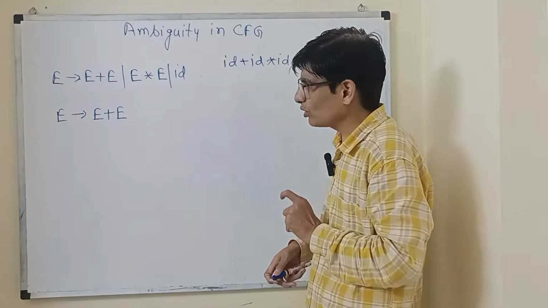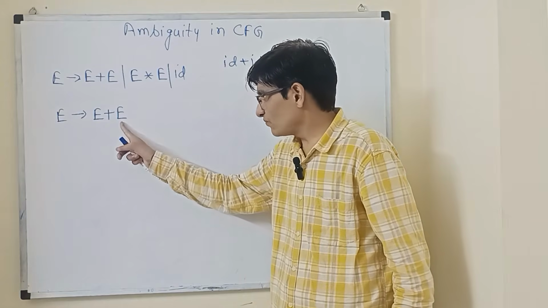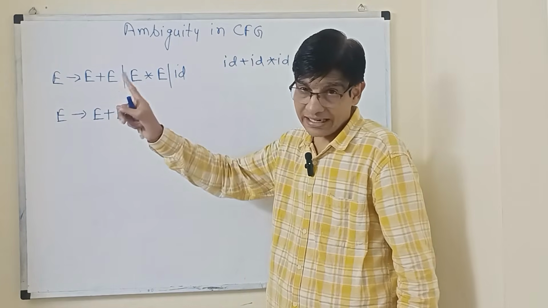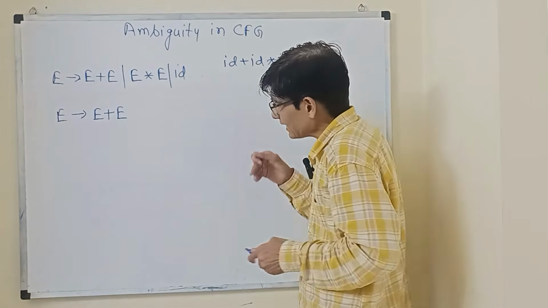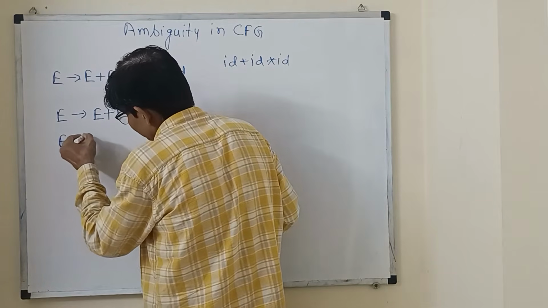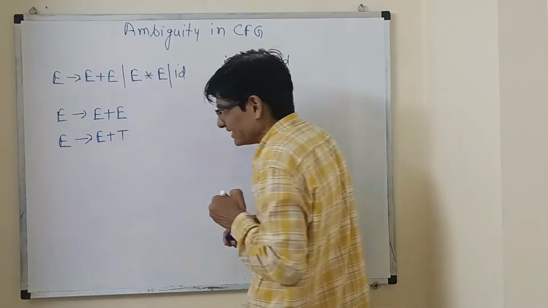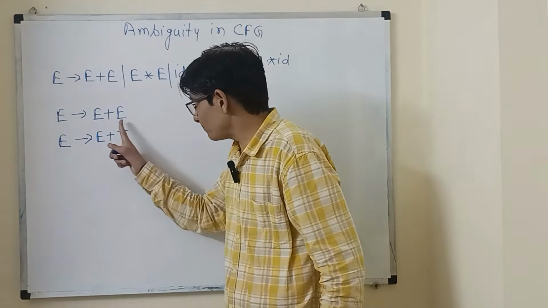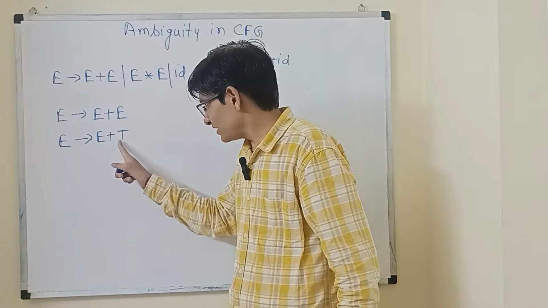We will add one more variable in this grammar and replace one occurrence of E at the right-hand side with another variable, right? So I can use E gives E plus T. I have introduced one more variable T here, and I have replaced the right-hand side occurrence of E with a T.